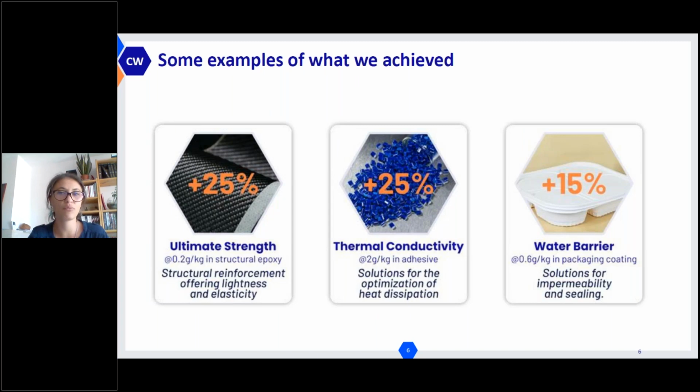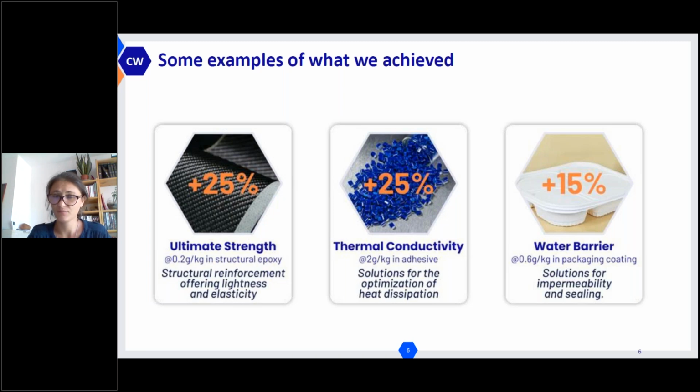So here's some example of what we have already achieved with our development with graphene. So we put graphene dispersed in different matrices to improve different properties. So here you have an example on the improvement of mechanical strength of an epoxy resin. So we obtain a significant improvement even at low concentration.